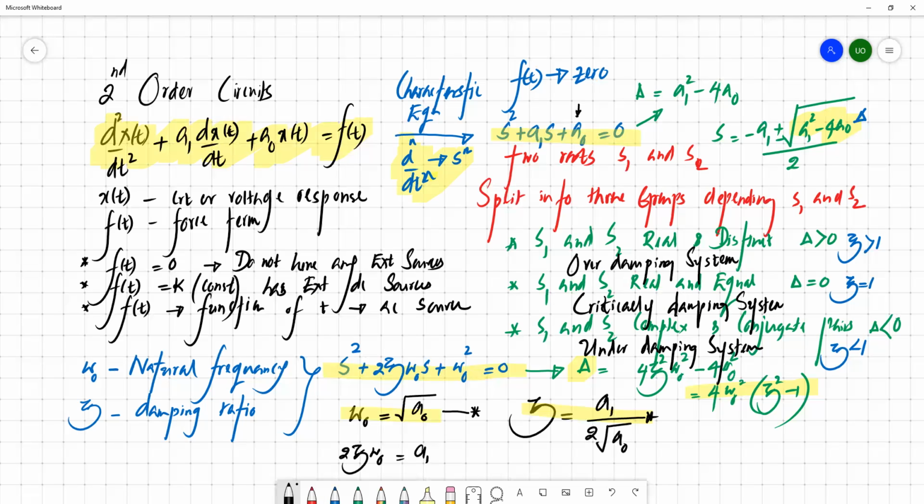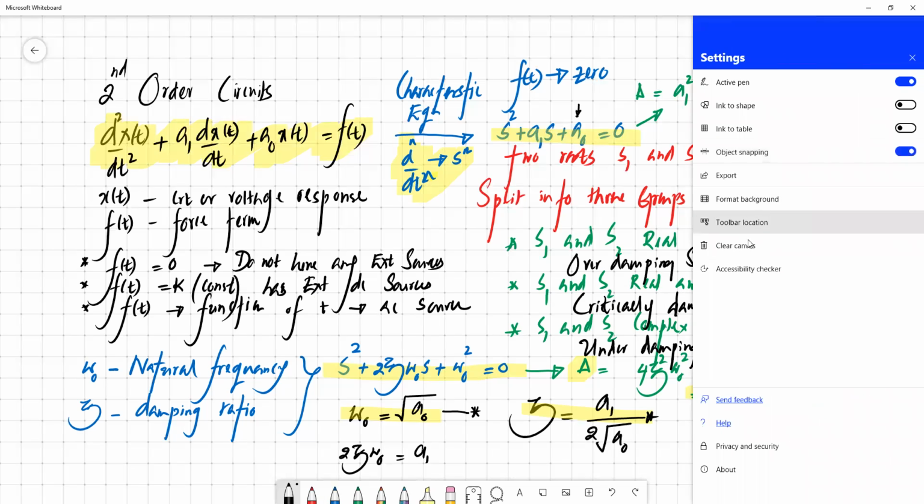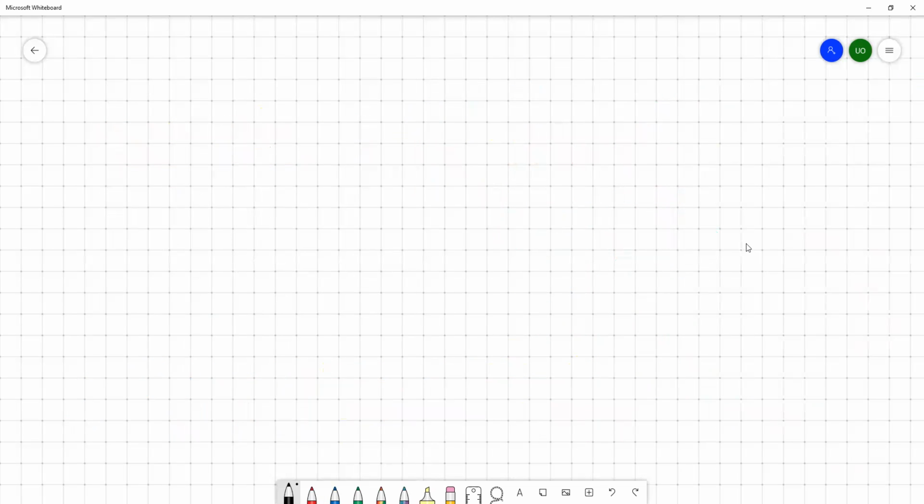We basically discussed this last time. We know that depending on the classification, S1 and S2 may in general be complex numbers. So S is sigma plus j omega. It's in general a complex number because two scenarios discuss real roots, and the third scenario discusses the complex roots.